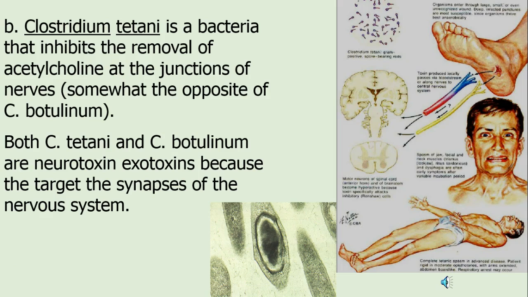A relative of botulinum is C. tetani. It also messes with acetylcholine by inhibiting removal of acetylcholine at the nerve synapse. So it's kind of the opposite of C. botulinum. They're both neurotoxin exotoxins because, remember, their target is the synapse between nerves.